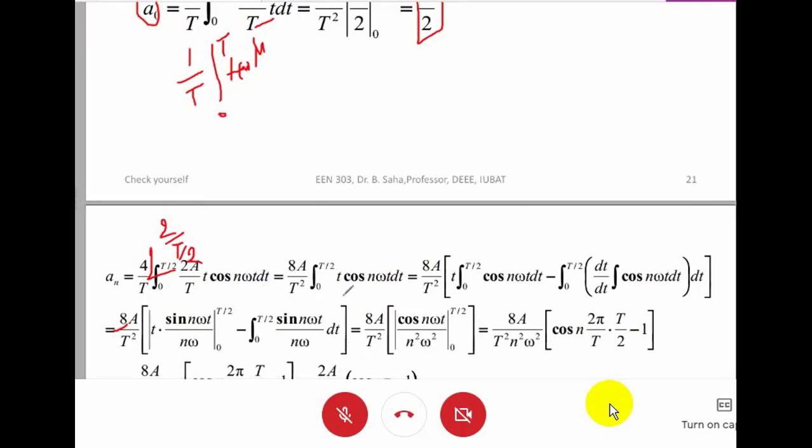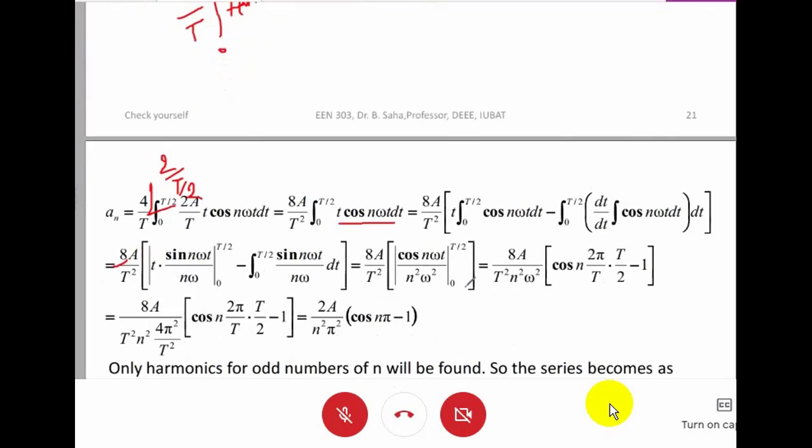So we need to apply the UV formula, where U equals t and V equals cos n omega t.